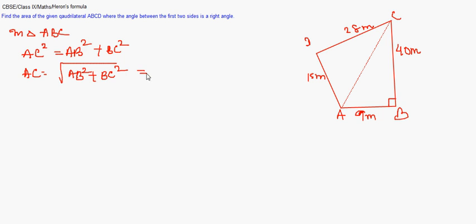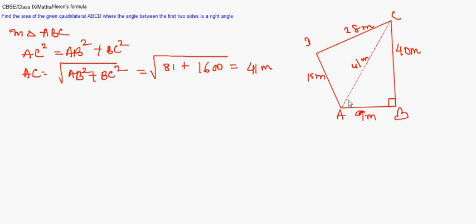That's 81, which is 9 square, plus BC is 40, that is 1600, so it is 1681, square root I get as 41 meters. So this is 41 meters.